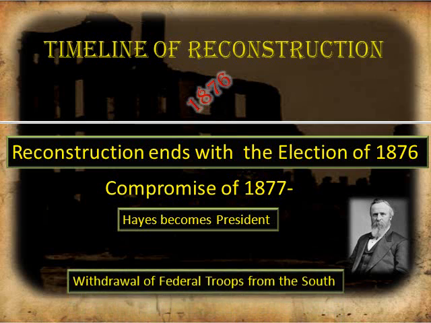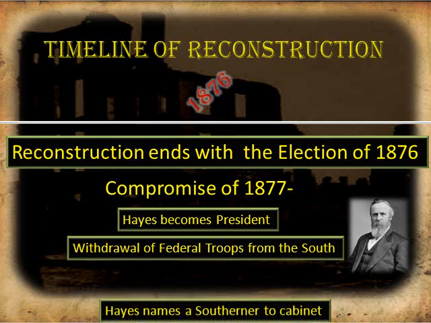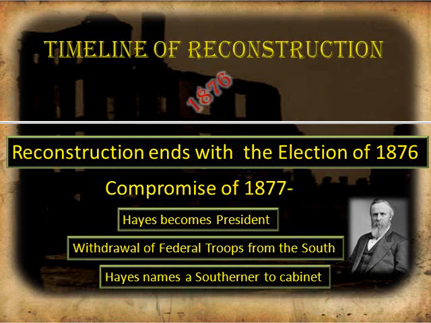The Southerners said, what? Well, how about if we withdraw the federal troops from the South, effectively ending that military reconstruction? Sounds good. How about if we have a Southerner become a part of Hayes's cabinet? Now that sounds even better. You're really sweetening the deal. One more thing.